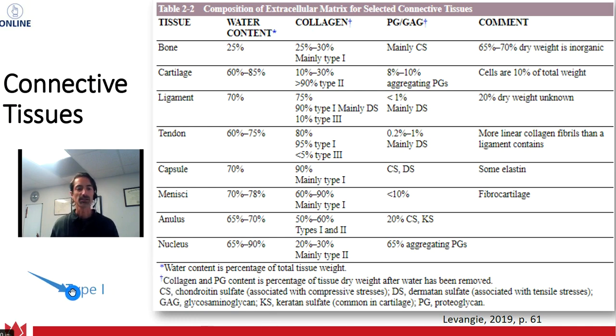Yes, so type 1 cartilage is generally going to be considered the stronger of the cartilages. Sometimes I relate this to NCAA sports. There's Division 1, which is generally considered to be stronger than Division 2 or Division 3. But if there's any athletes out there, I'll let you make that determination. But in terms of cartilage and collagen, type 1 collagen is generally stronger from a tensile strength standpoint than type 2.